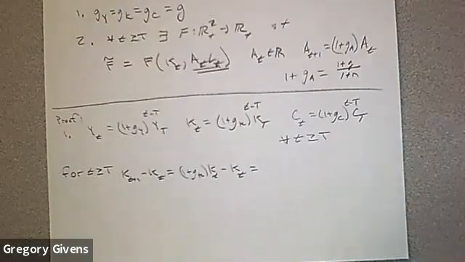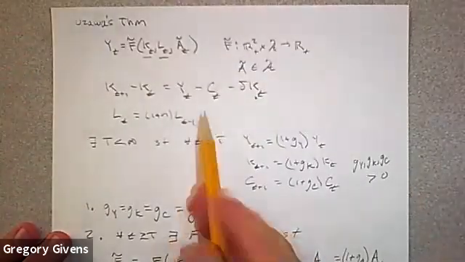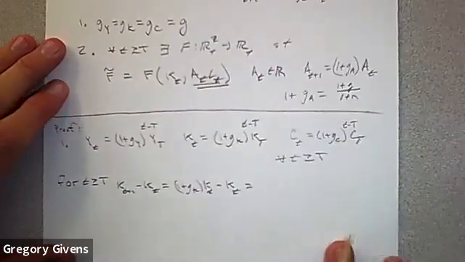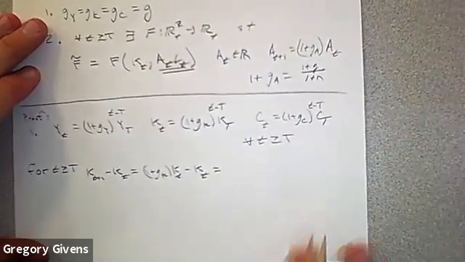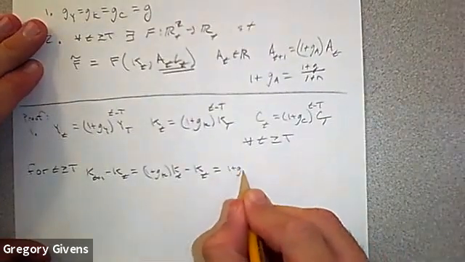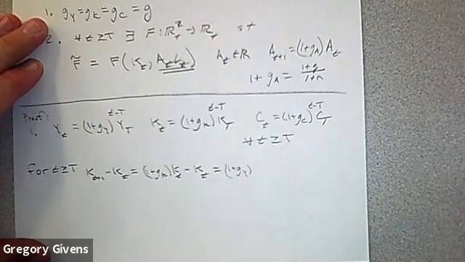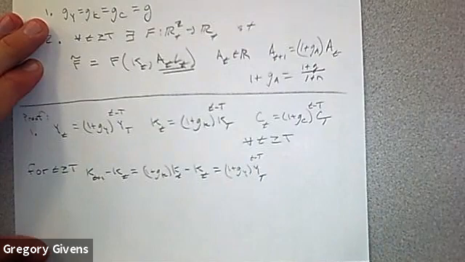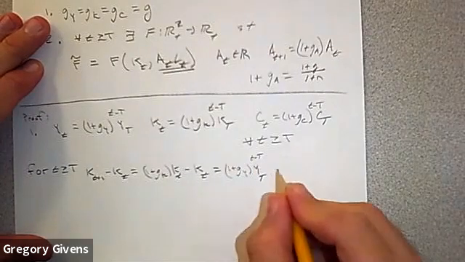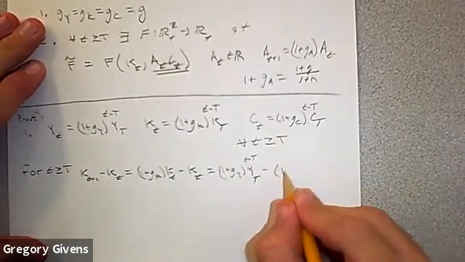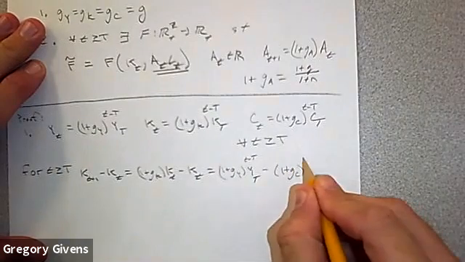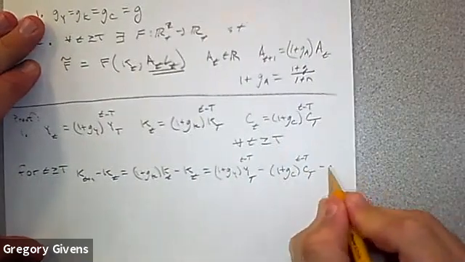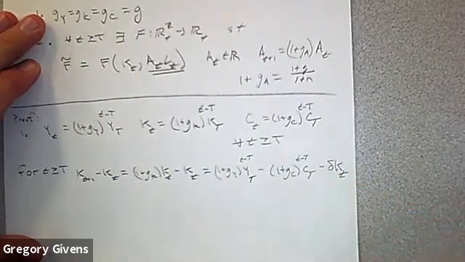What was the right-hand side of the resource constraint? It's y minus c minus delta k. So yt is just 1 plus gy to the t minus cap T y cap T minus ct, that's 1 plus gc to the t minus cap T c cap T, and then minus a delta kt.